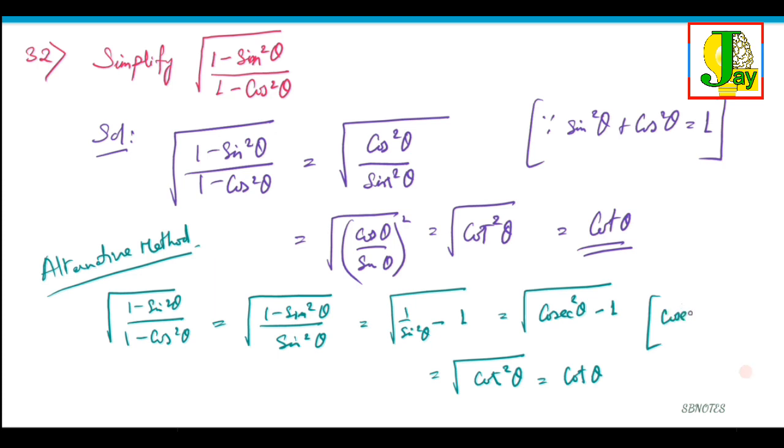Cosec square theta minus 1 equals cot square theta. If you remember, 1 plus cot square theta equals cosec square theta. So I used this identity, and here we have used this one. So whichever way you go, you are going to get the final answer as same.